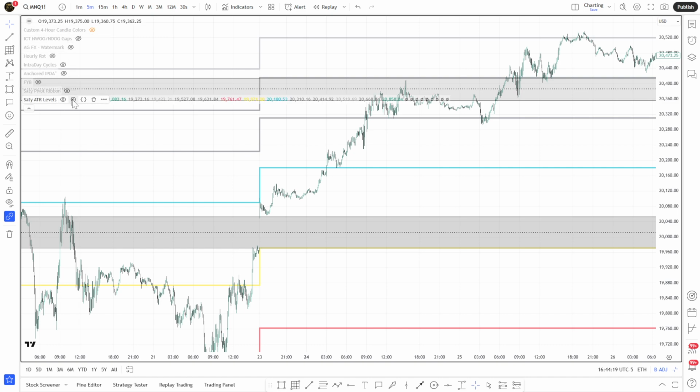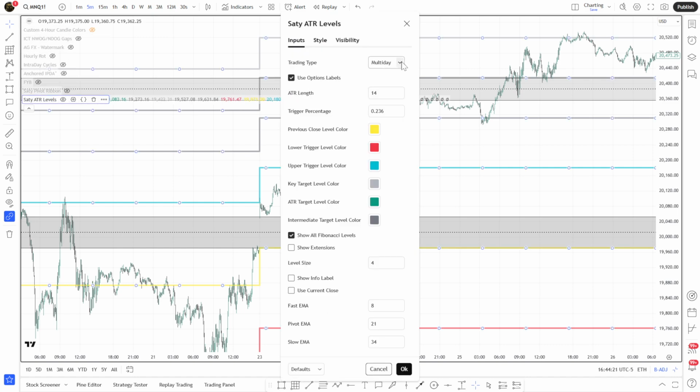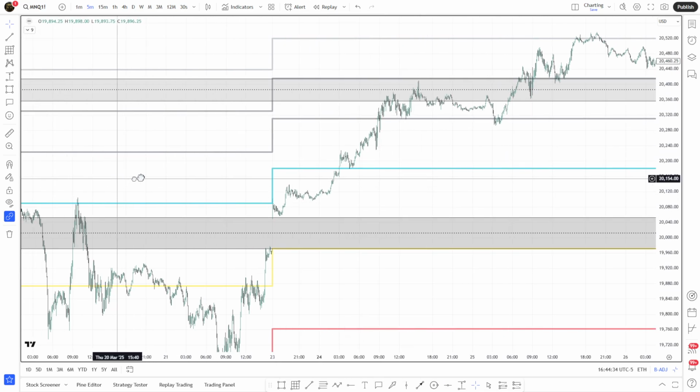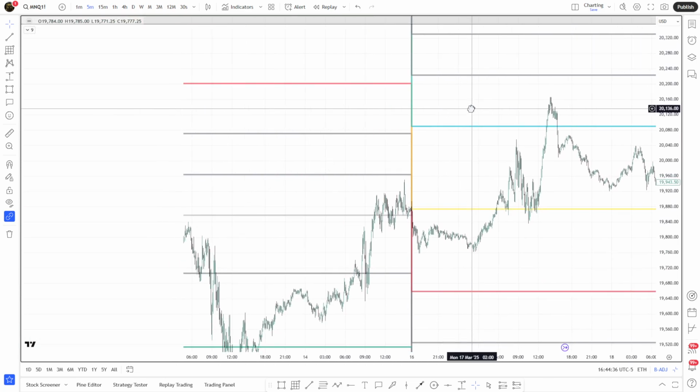Settings on this, I use multi-day. That gives you a week, so it's going to have these same levels for the whole week. And that's how I like to use it. And you can just backtest weeks.